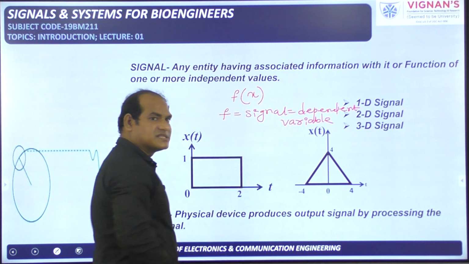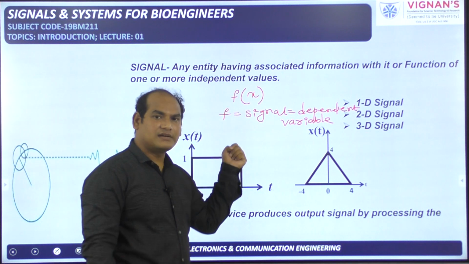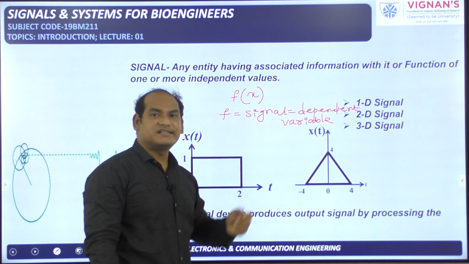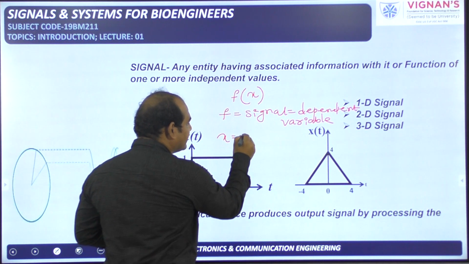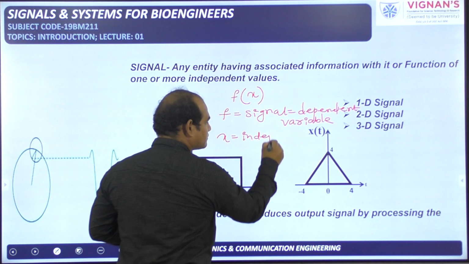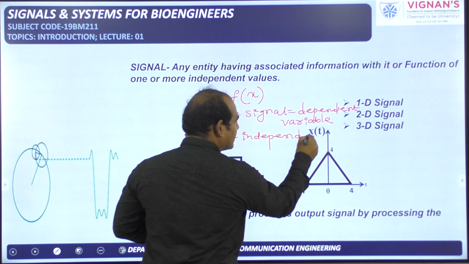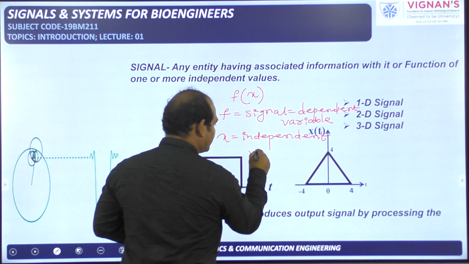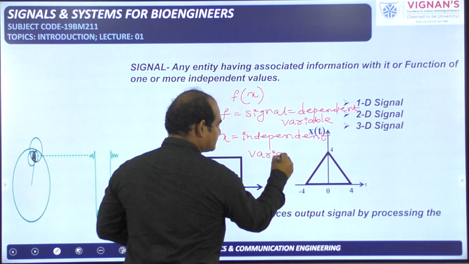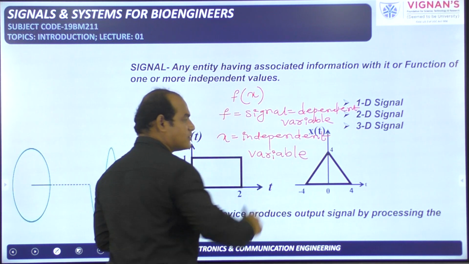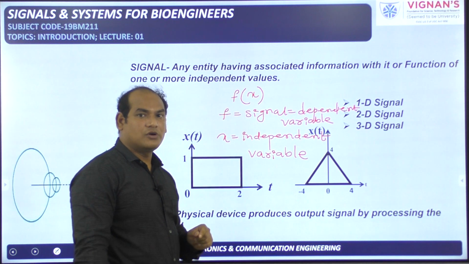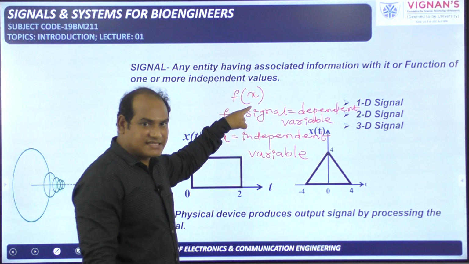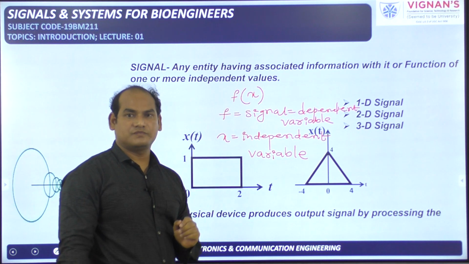f of x is one signal, or f is the signal, and f can also be taken as the dependent variable. What about x? x is the independent variable. Okay, f is the dependent variable, x is the independent variable. By giving values to x, we will get values for f.